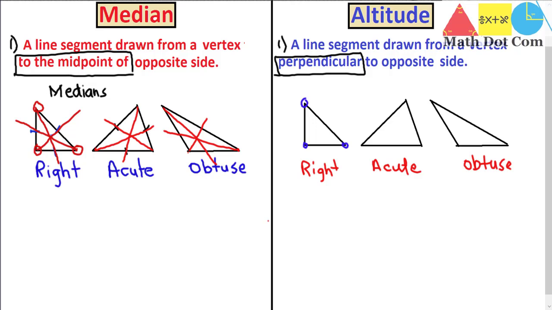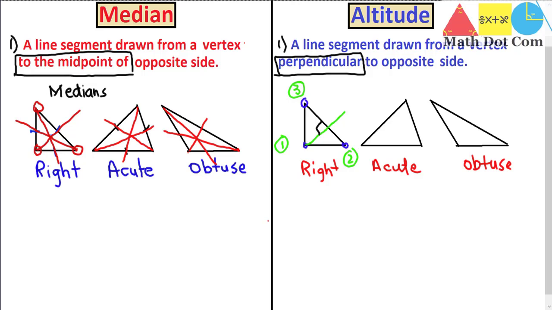In this right triangle, if I say this is vertex 1, this is 2, and this is 3, and I start from vertex 1, it will be like this. It is not necessary that this line passes through the midpoint of the opposite side. It just needs to be perpendicular, that is, it must make a 90-degree angle with the opposite side.